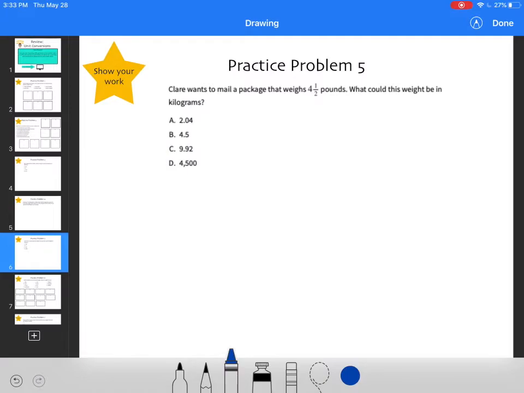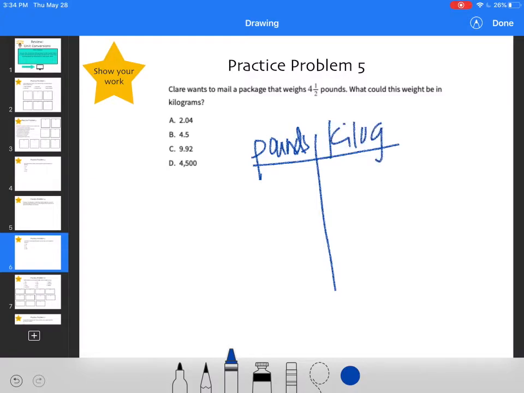Claire wants to mail a package that is 4.5 pounds. What could the weight be in kilograms? So again, I'm going to use my calculator. So I have pounds and kilograms. So I'm going to use my converter in Safari. So I'm going to look up pounds to kilograms.